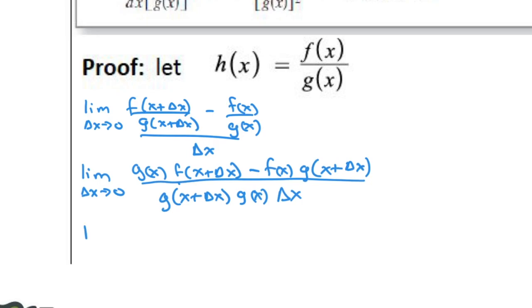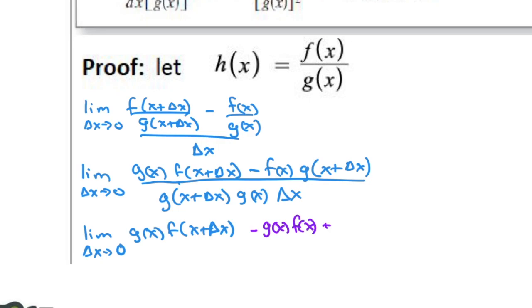Now, you must be thinking, what clever piece are we going to be adding and subtracting into this function so that we will have the derivative that we want? So let's give ourselves some space. And in this time, we're going to be subtracting g of x times f of x.